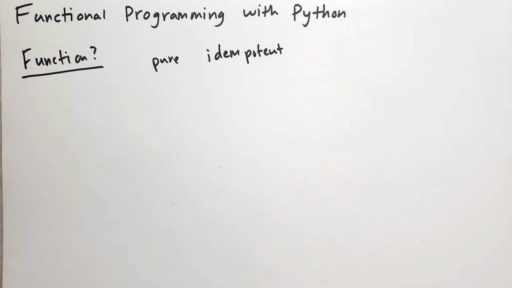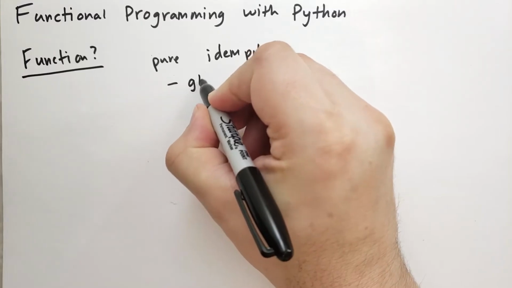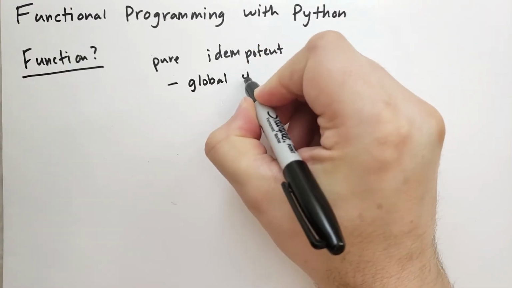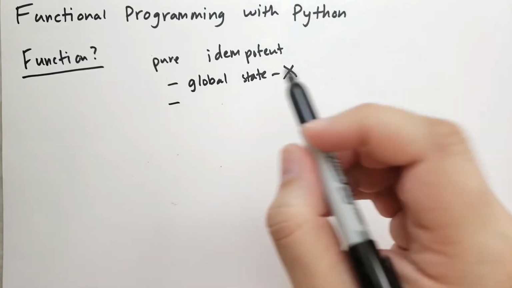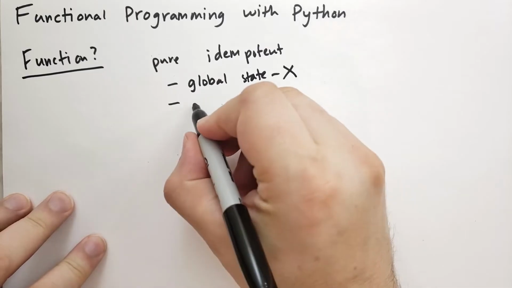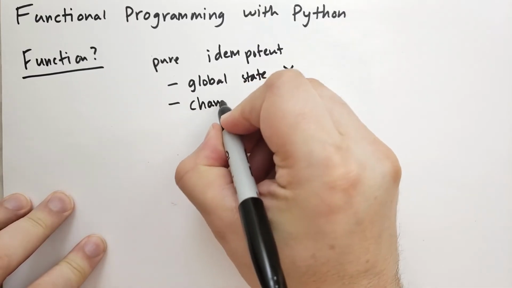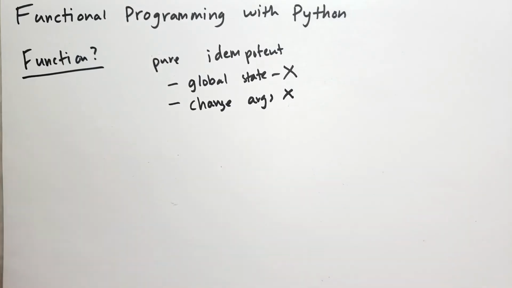So what are pure functions? What does it mean to be pure? It means that it doesn't access global state. So no global state. It doesn't modify global state, so it doesn't access it, it doesn't modify it. It also doesn't change the arguments. You haven't yet been introduced to objects in Python that are mutable, but if you pass a mutable object to a pure function, it will not modify it at all.